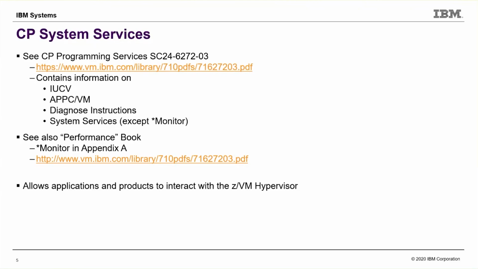APPC/VM is another protocol that came after IUCV. It was a more extendable protocol, used across multiple platforms. It's also related to SNA, so those of you that may remember VTAM and those types of protocols, it's in that space. Again, that's maybe something for another session.